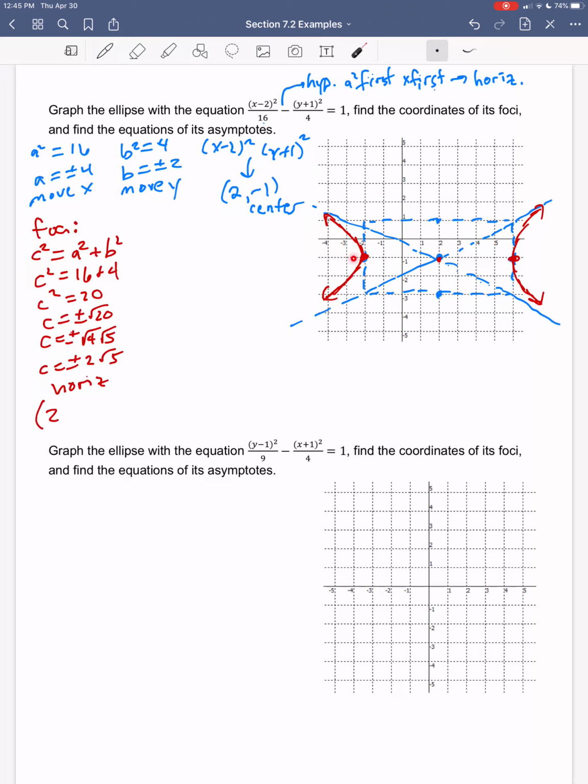I'm going to have to move left or right to get to the foci. So I'm going to start at this x-coordinate of 2, and I'm going to move 2 times the square root of 5. So the way I write that, I just say plus or minus 2 square root of 5. And the y-coordinate stays the y-coordinate in the center. Don't put 0 down. Right? We start with 2 for my x-coordinate. Negative 1 is going to be my y-coordinate.